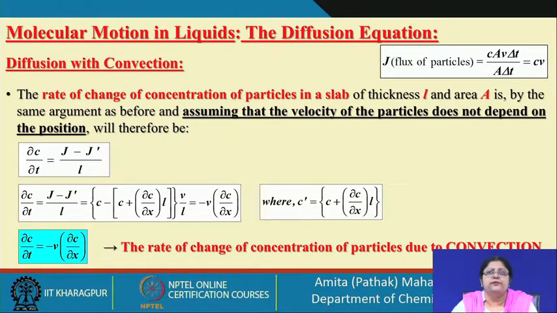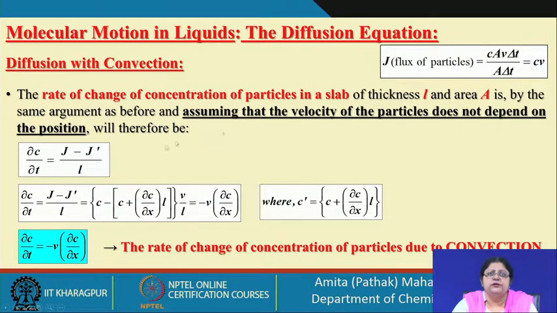So, what is the flux we have defined? Flux we have defined as C into V, and this flux is in terms of the amount of the particles. Okay. That is why we do not have the Avogadro number. The Avogadro number was supposed to be multiplied, C into Avogadro number, in number density, but when we convert that into the amount of particles, we divide by Avogadro number. So, we are only left with C, right.